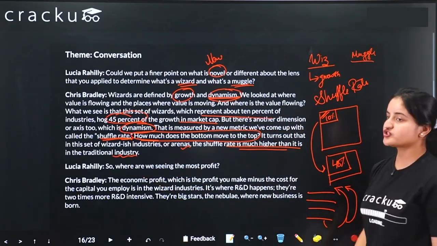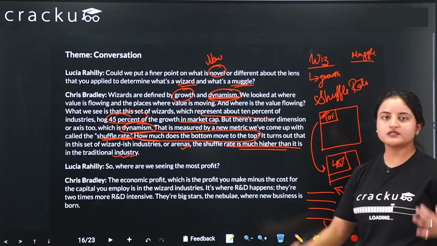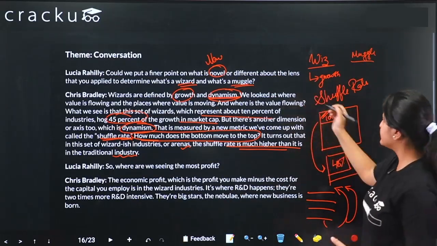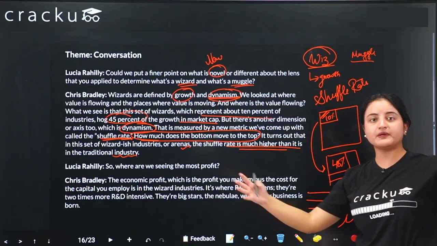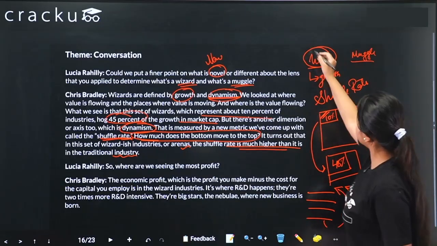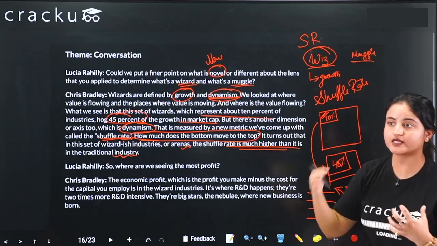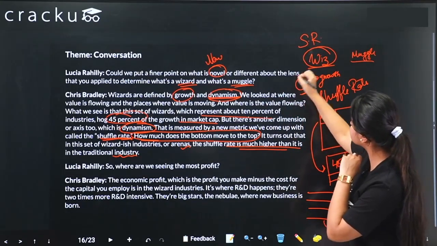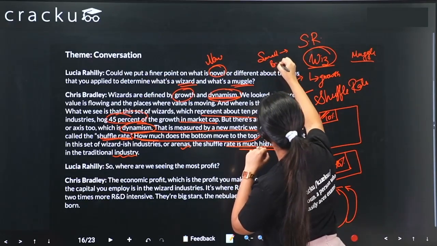That means a higher shuffle rate means more quickly and in more numbers, the small companies are able to move to the top. If these companies come under the wizard part, this wizard would have big companies, small companies, medium-sized companies. But if we talk about the shuffle rate of these wizards, how quickly can a small wizard company become big?